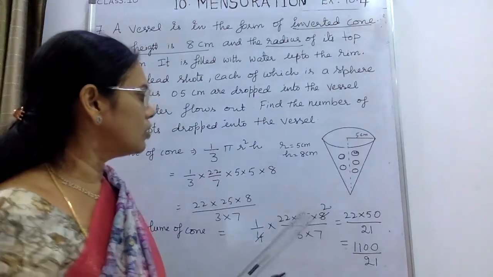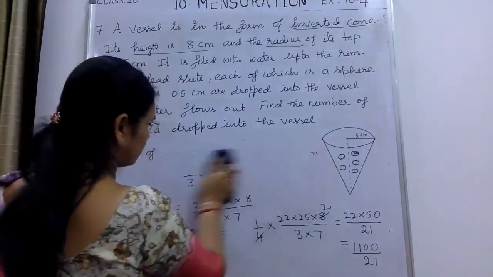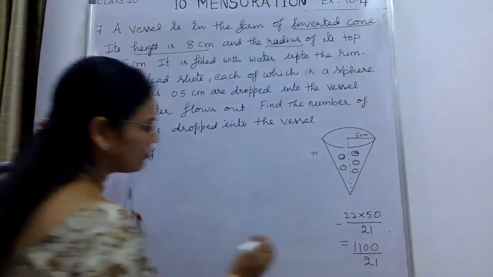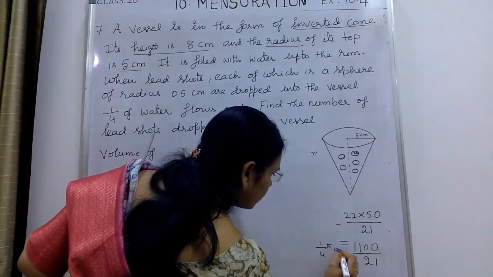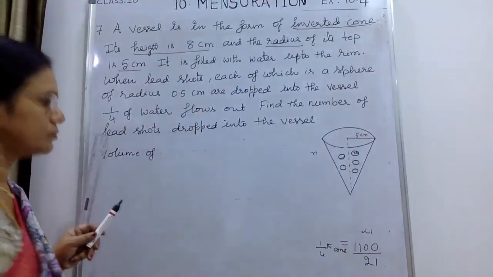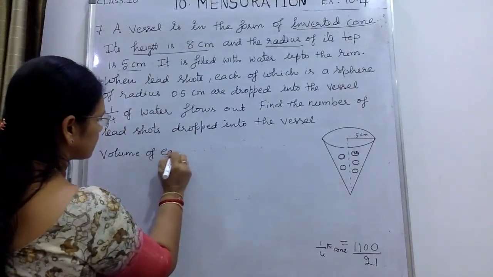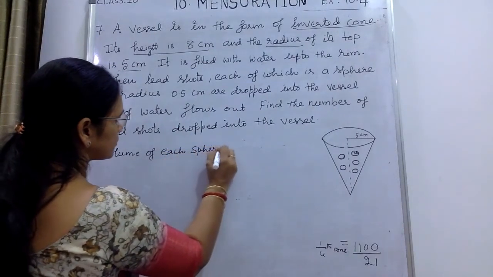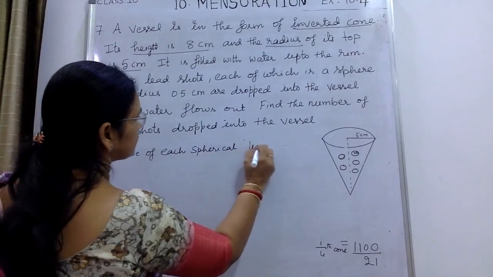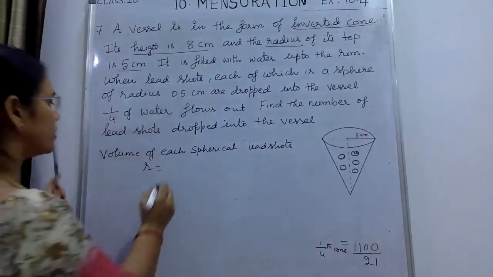Now let us find the volume of each spherical lead shard. The radius of each sphere is 0.5 centimeters.